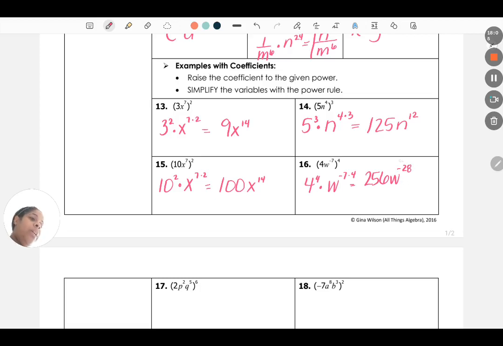Oh no, we can't have that as a negative. So we're going to invert w because the exponent is applied to the w. So we have 256 times 1 over w to the 28th, because it's just the negative that makes us write w to the 28th as a fraction. So then we have 256 over w to the 28th.